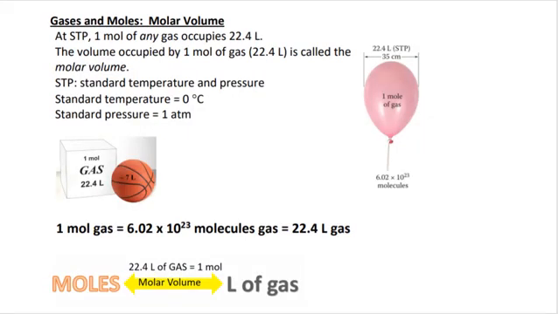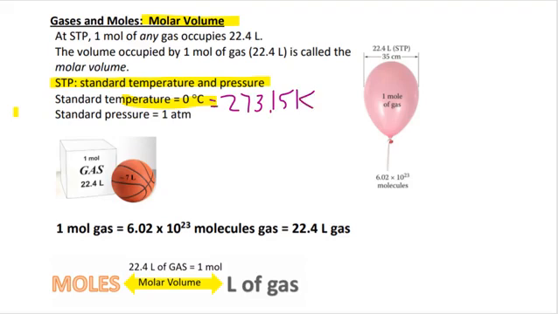So we are going to be talking about molar volume. STP is standard temperature and pressure. Standard temperature is 0 degrees Celsius, which is 273.15 Kelvin, right?